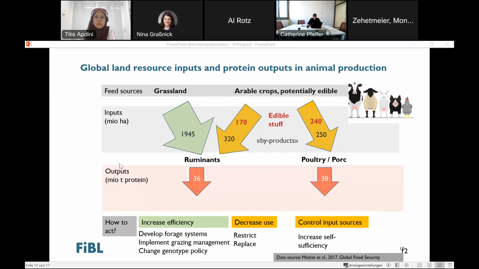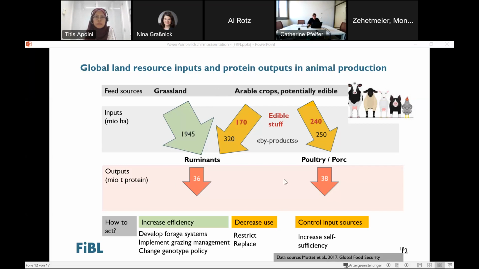Whereas when you look at the ruminant side, only 1/3 of it is in competition with human consumption, and the rest is grassland. And so, though they provide the same amount of proteins, the ruminants are much less in competition with our food system, and we understand this as being more sustainable because it helps us to reduce the footprint of the food system as a whole.